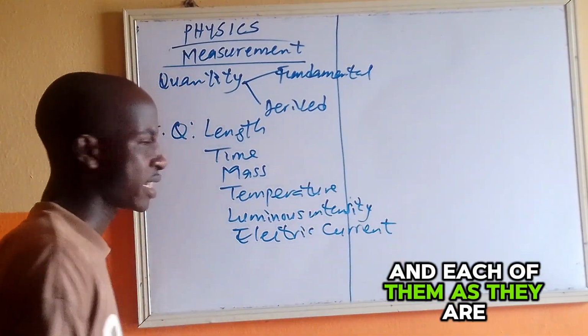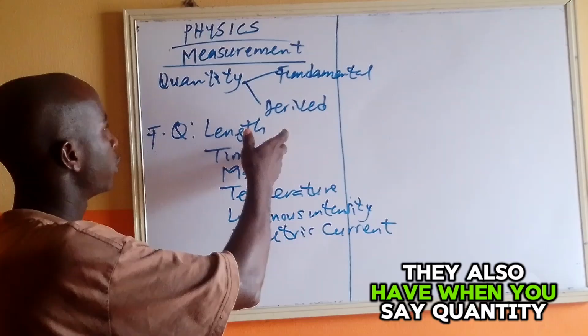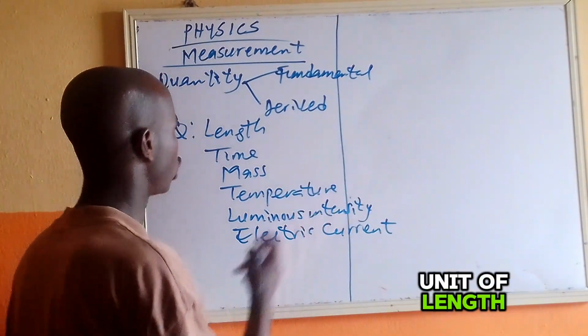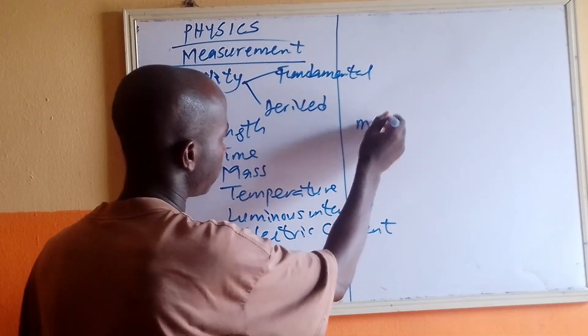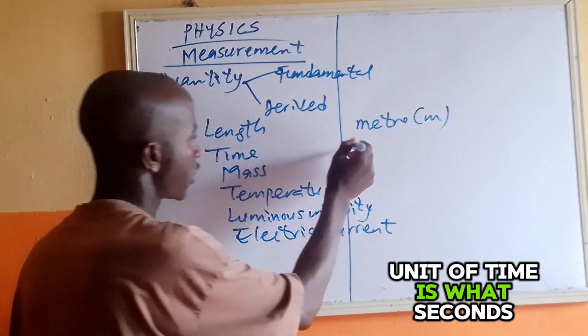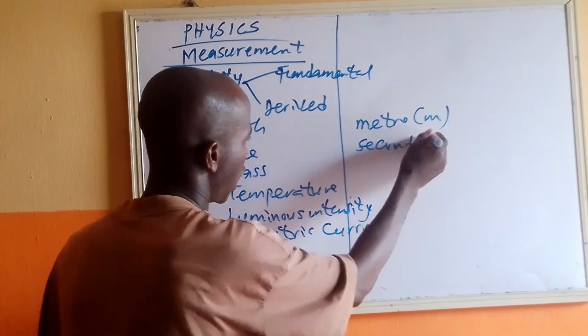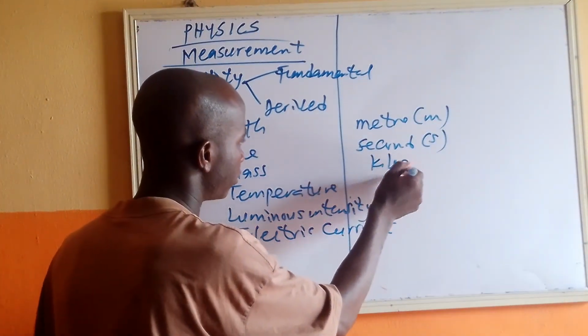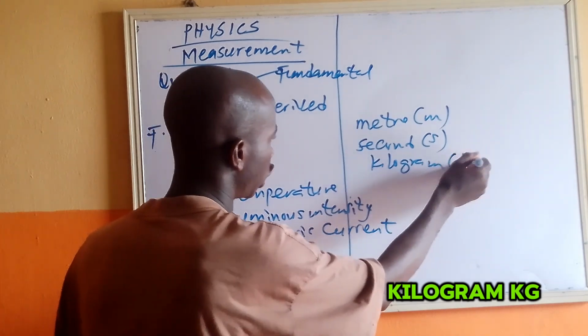And when you say quantity, they have their units. So what is the unit of length? Meter, m. Unit of time is seconds, s. Unit of mass is kilogram, kg.